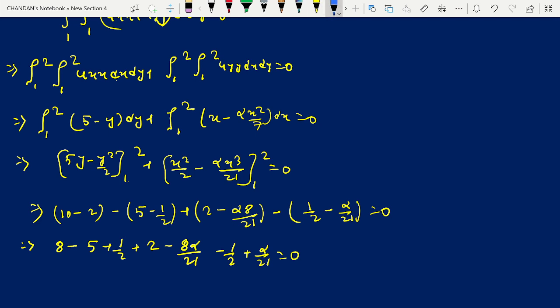Then the 1 by 2 positive and negative cancel, and minus 8 alpha plus alpha, then we got minus 7 alpha, and 10 minus 5, then we got 5 minus 7 alpha by 21 is equal to 0. Then 5 minus alpha by 3 is equal to 0. Then we got alpha is equal to 15.